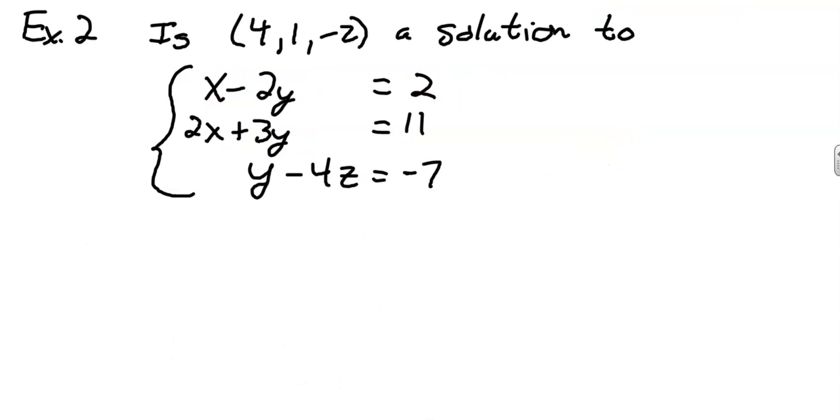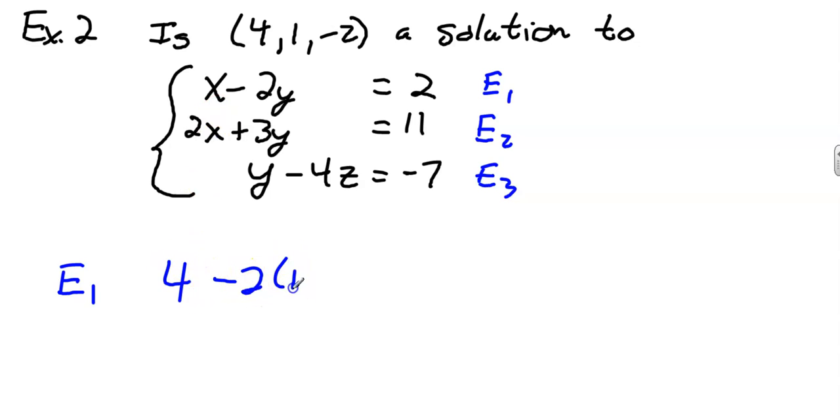Okay. So same thing with this one. Go back and plug in the numbers and see what happens. So we'll go back to equation 1. Plugging that in, that's 4 minus 2 times 1. Does that equal 2? Yes, 4 minus 2 equals 2. That is a true statement.